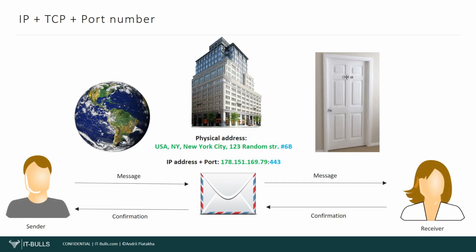But how is a message delivered to the specific application on a computer that can run multiple processes and multiple applications in parallel? That is done with the help of ports. But what is a port? I will explain now. A port is a communication endpoint. A port number is always associated with an IP address of a host and the type of transport protocol used for communication.